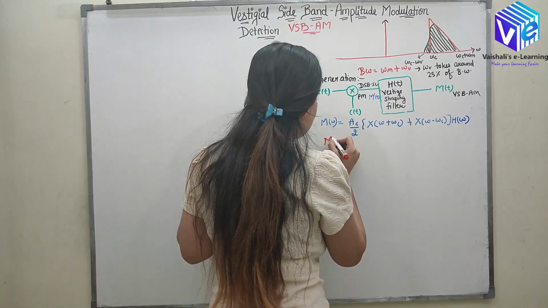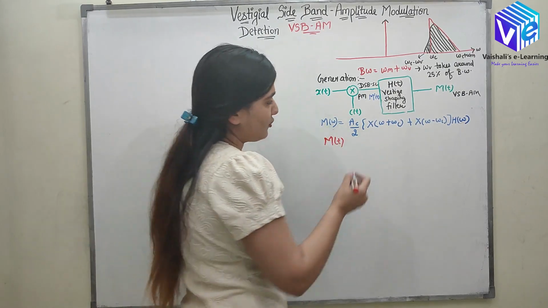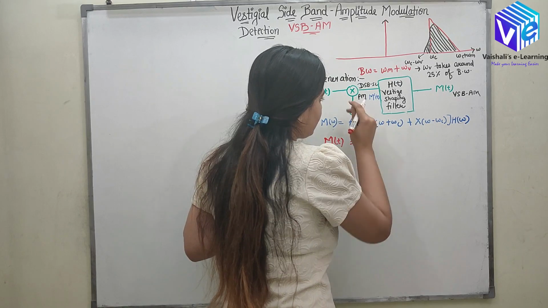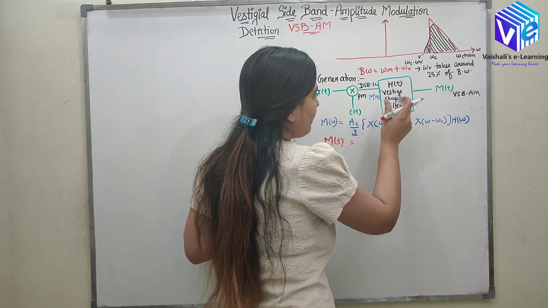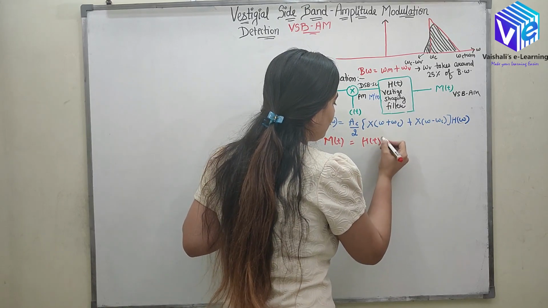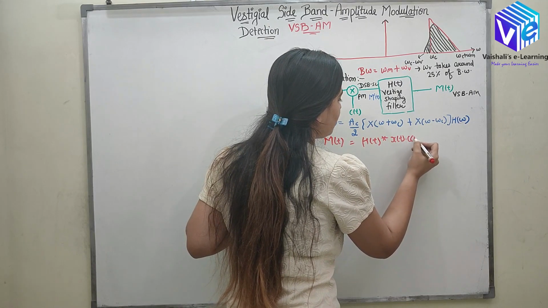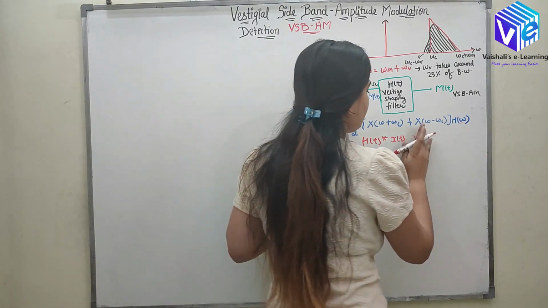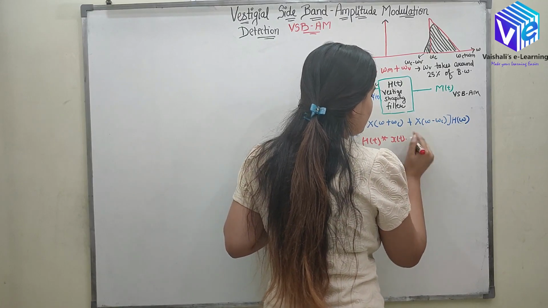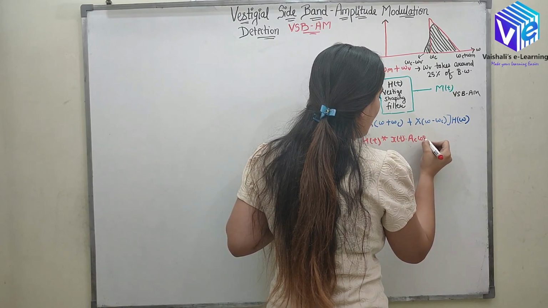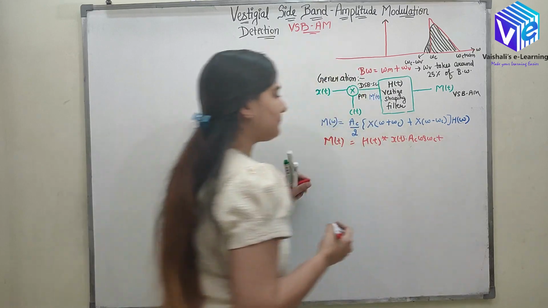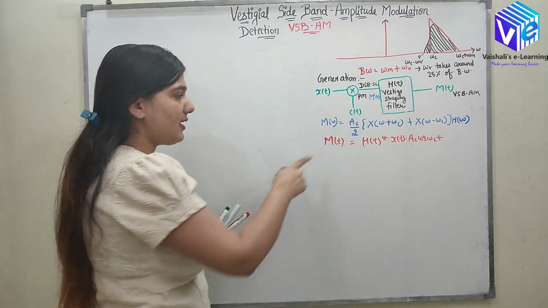If I represent this in the time domain, x(t)c(t) is convolved with h(t). So h(t) convolved with x(t)c(t), and if I replace c(t), it is Ac cos ωc t. Now this is my m(t).